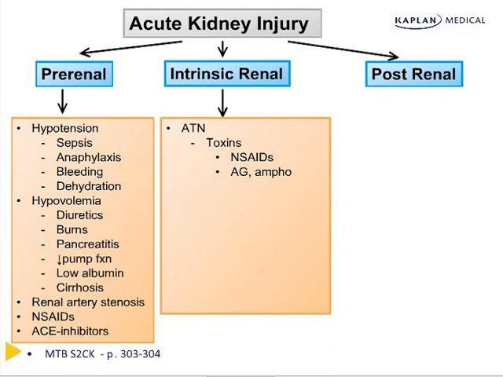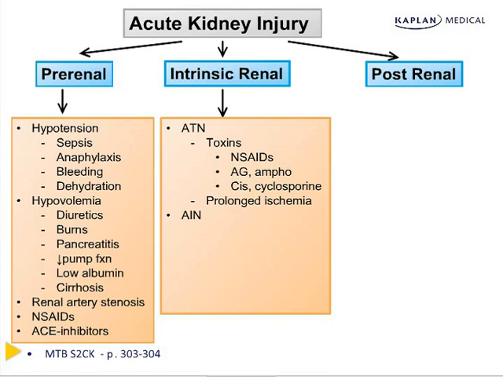And amphotericin is actually nicknamed amphoterrible because it so often causes intrinsic ATN. Cisplatin and cyclosporine can also cause ATN. And again, prolonged ischemia, or stopping the blood flow leading to the kidney, can also eventually lead to acute tubular necrosis.